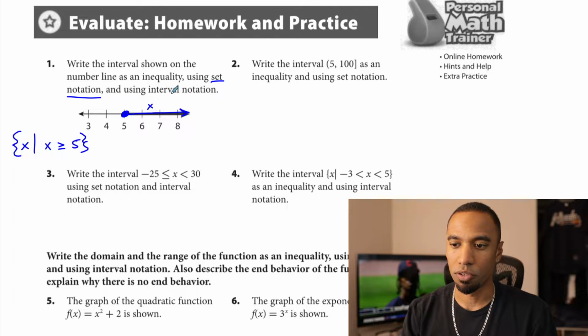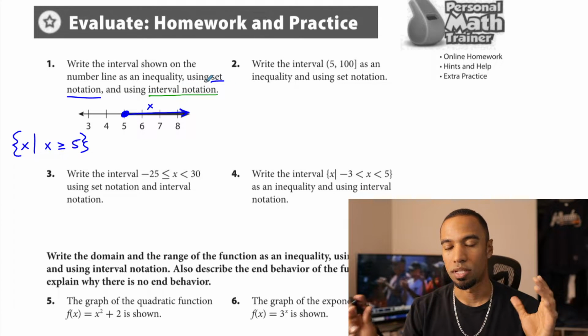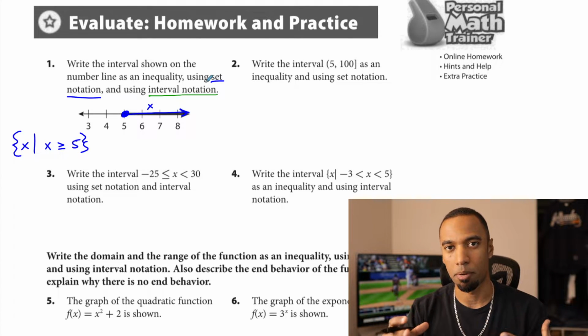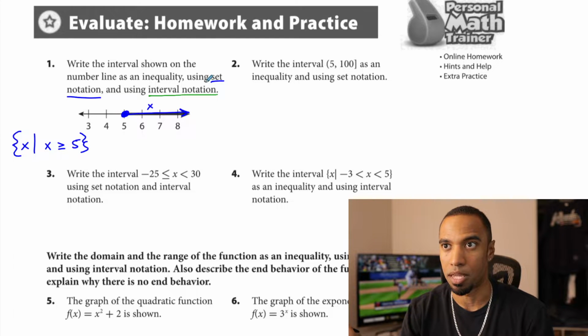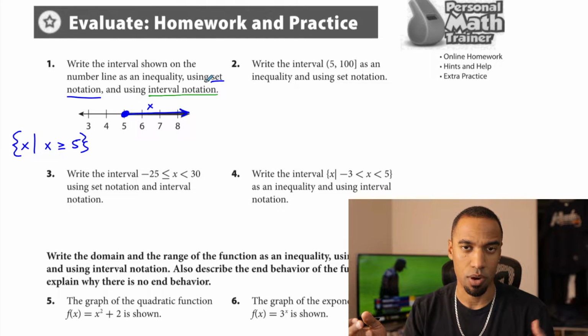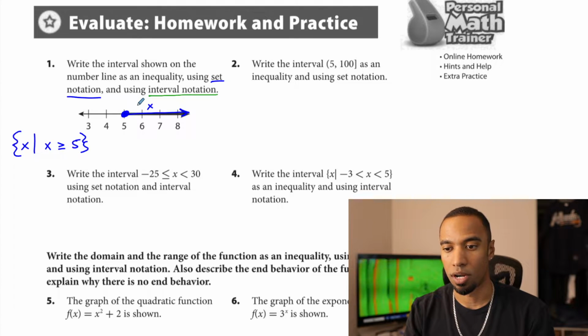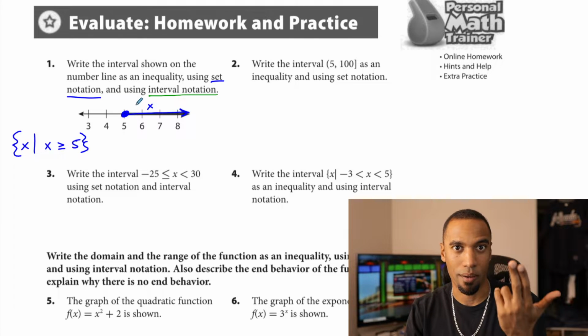Okay. Interval notation, on the other hand, uses something a little different here. What it does is it talks about the lower and upper bounds, not assuming a variable x, and just talks about how far left does it go, how far right does it go, if you're looking at a number line right here. Or in the y sense, when we start looking at the y variable as well, how low does it go, how high does it go.